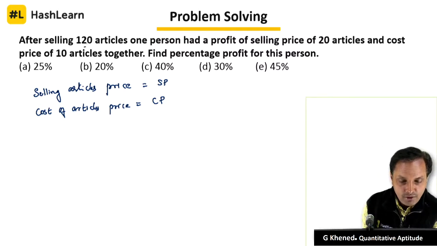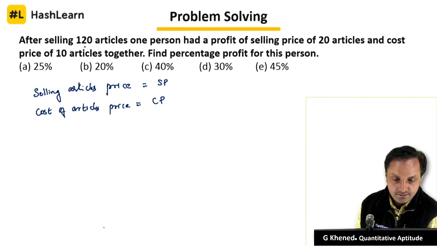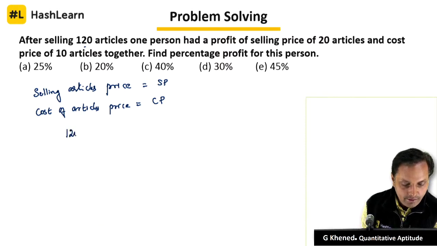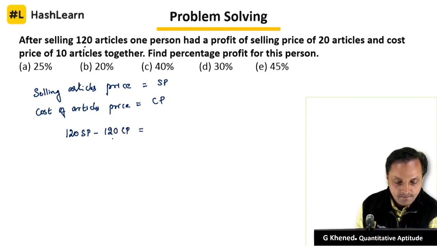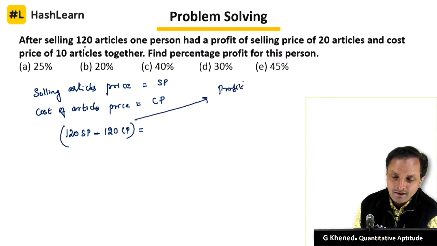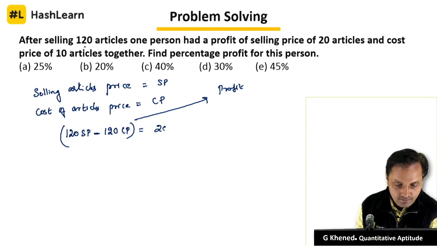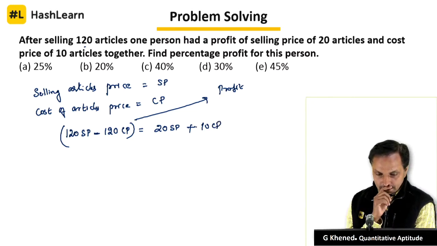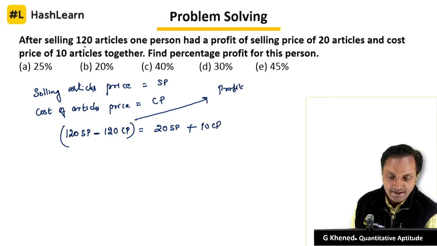So after selling 120 articles, 120 SP minus 120 CP is the profit. Had a profit of 20 SP articles and 10 CP articles. What is the percentage profit is the question.